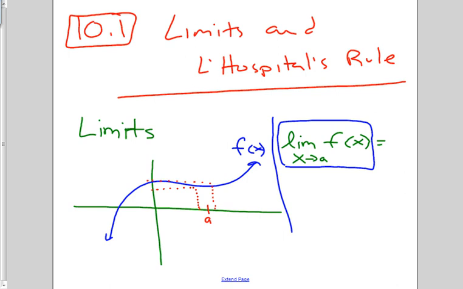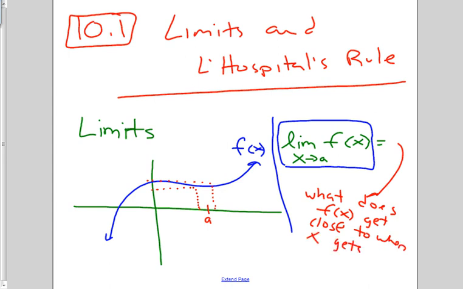So the limit as x approaches a of f of x essentially is saying, what does f of x get close to when x gets close to a. So this is how we opened up single variable calculus, talking about limits.